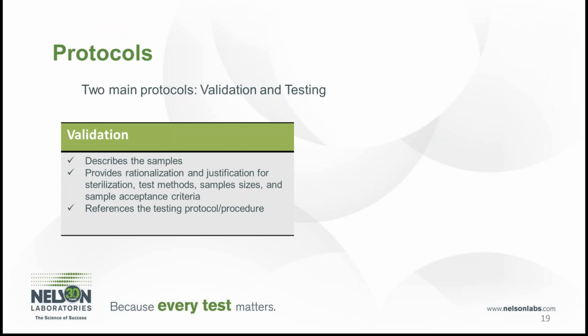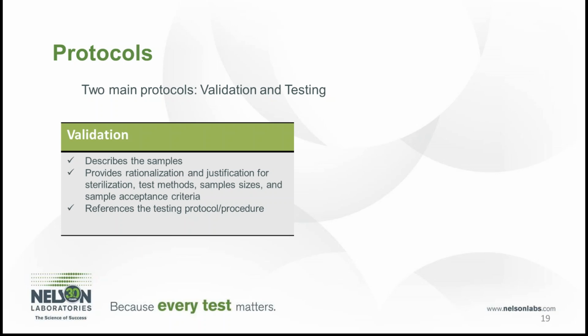It also provides rationalization and justification for the sterilization process and parameters that will be used, test methods for your biocompatibility, your packaging, list sample sizes for those different tests, and also includes your sample acceptance criteria, what determines that the results passed or failed.